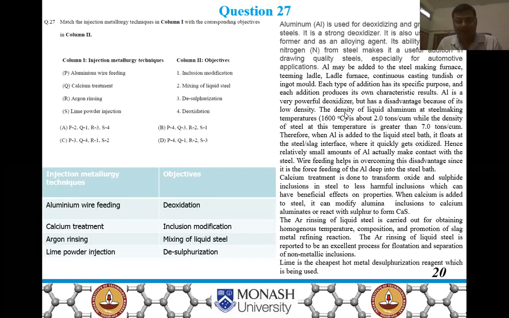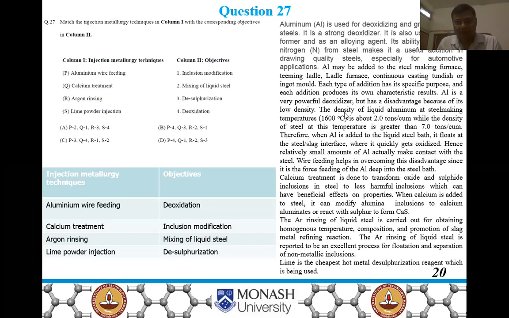Aluminum is a very powerful deoxidizer, but has a disadvantage because of its low density. The density of liquid aluminum at steelmaking temperature, 1300 to 1600 degrees centigrade, is about 2 tons per cubic meter, while the density of steel at this temperature is greater than 7 tons per cubic meter.